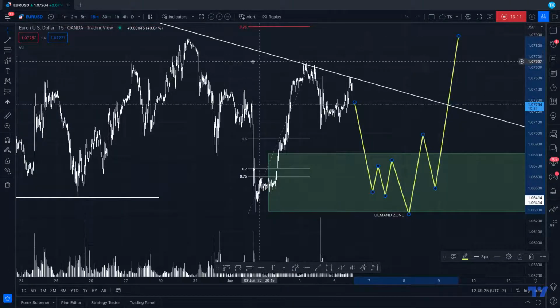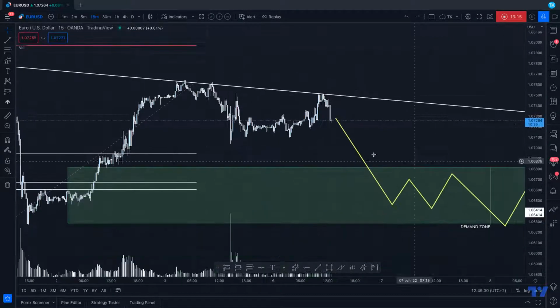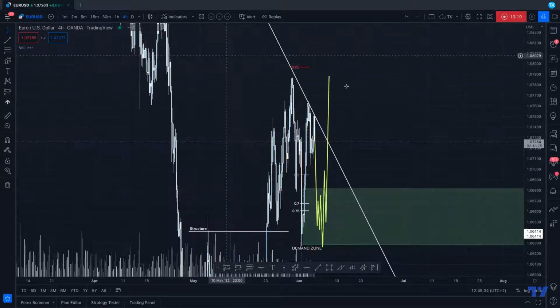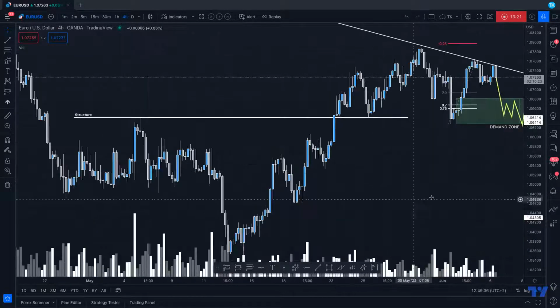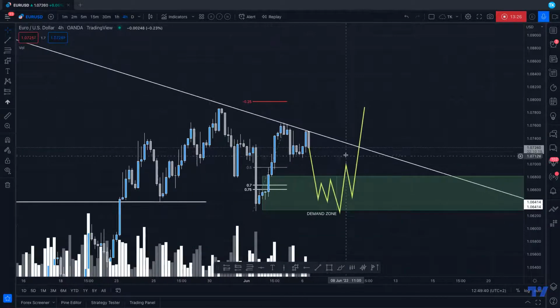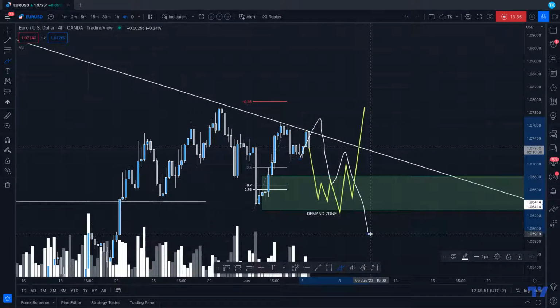But we have to be very careful and pay attention to this trend line, which is a very classic trap that price always makes. So fake breakout and re-enter, retest, and go down.